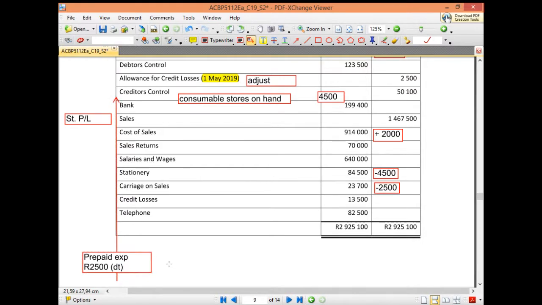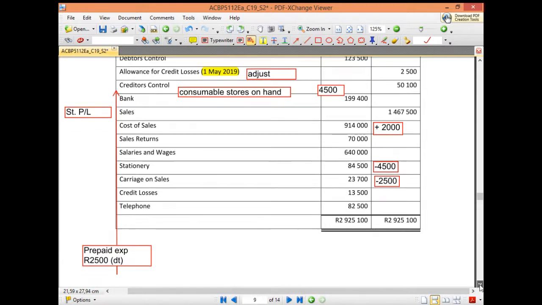Okay, so we would create the prepaid expense, we would reduce the carriage on sales.